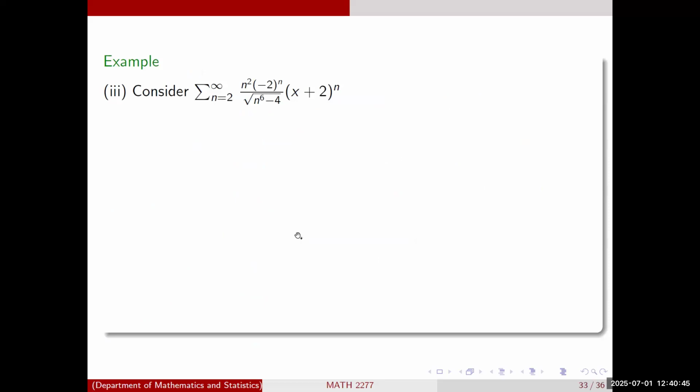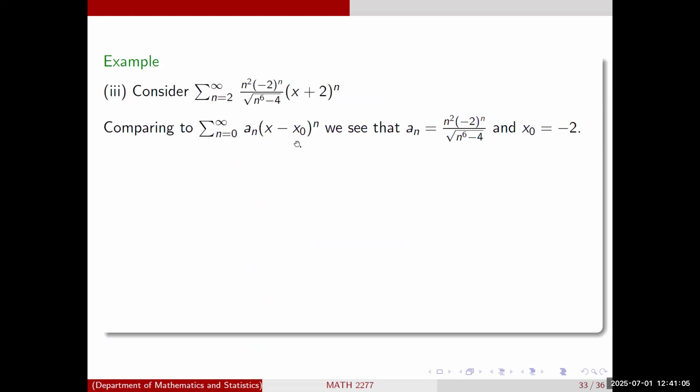right? Now this one is a little bit more involved, right? So now we have some things like what you may see on an exam, right? And notice n is starting at 2, right? But it's still a power series, if n starts at 2. Okay, so again, what do you need to do? Compare to the general form of a power series.